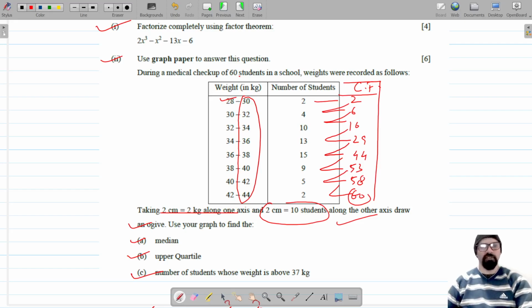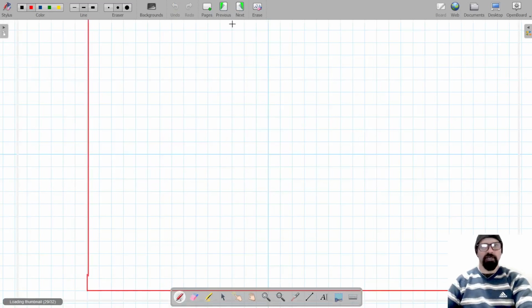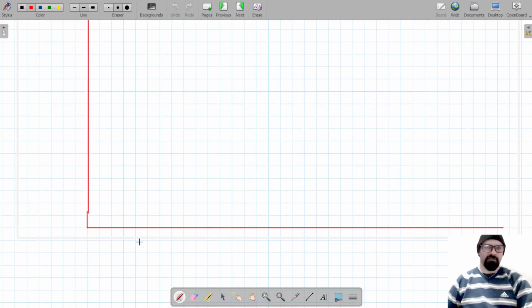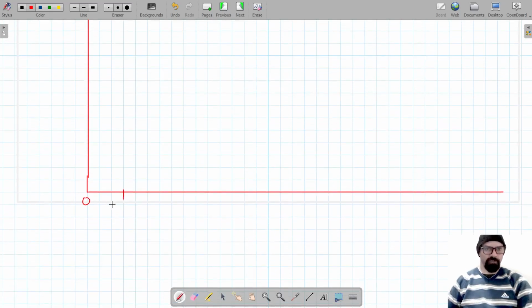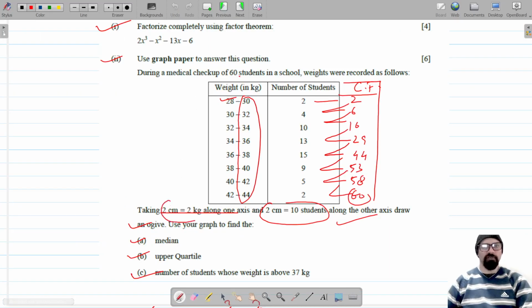Okay. So the horizontal axis represents the weight in kg, and the vertical axis will represent the cumulative frequency, the number of students. So let's take the horizontal axis as the weight in kg. It starts from, let's say, 0, and I'm going to take these 3 boxes as 2 centimeters. You can take accordingly on your graph paper. It's given that you have to take 2 centimeters as 2 kg and 2 centimeters equal to 10 students.